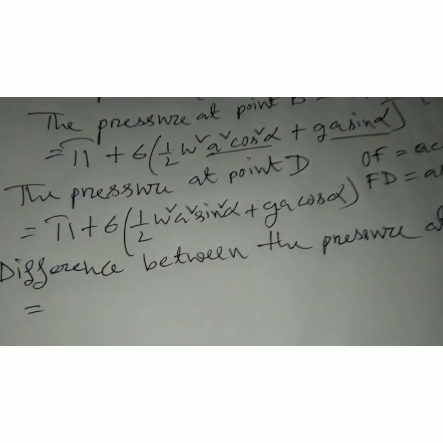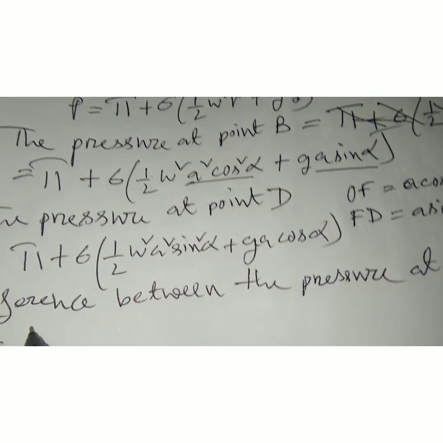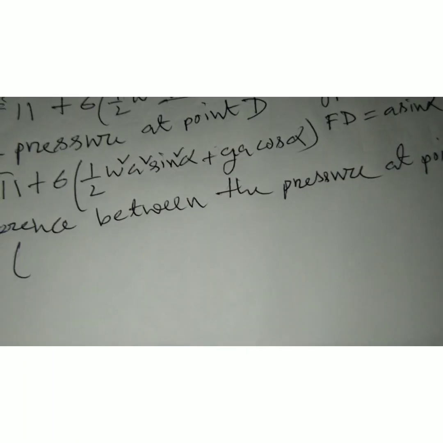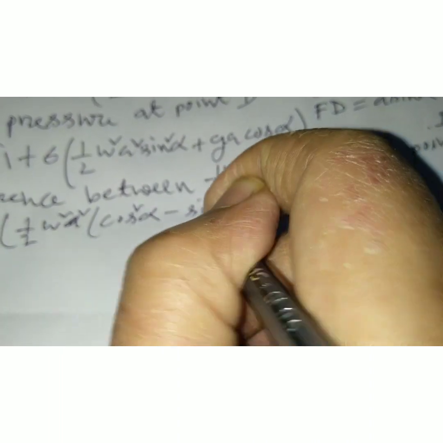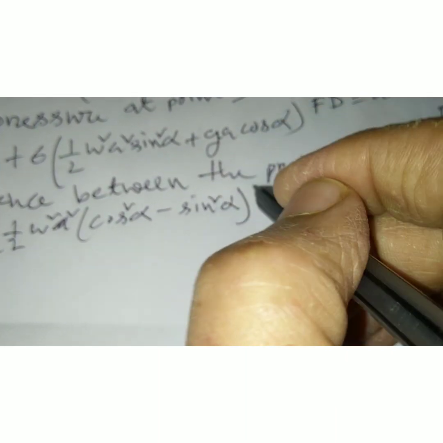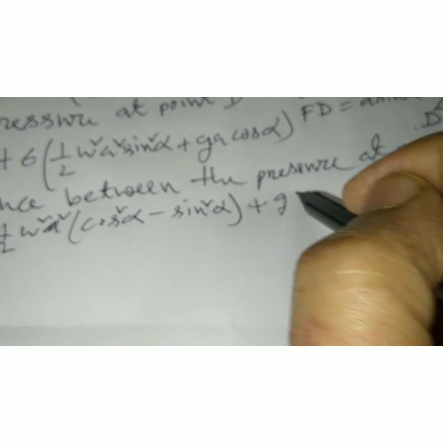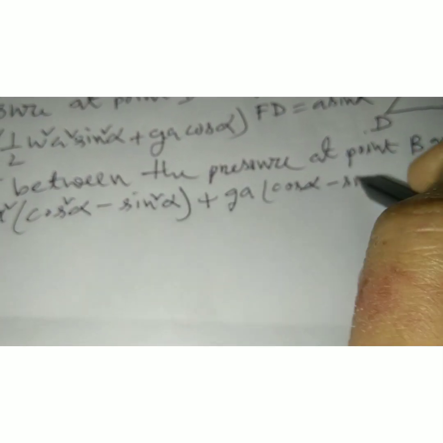If we subtract, then the constant term will cancel. B point means half omega square A square, cos square alpha minus sin square alpha, and plus gA, cos alpha minus sin alpha.